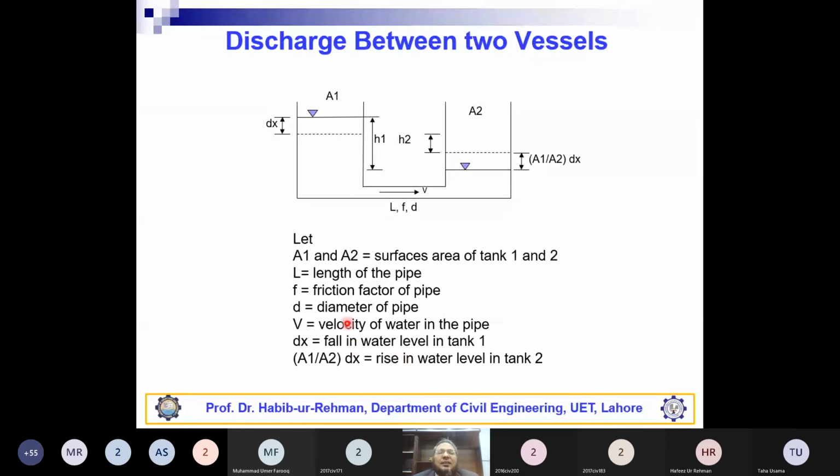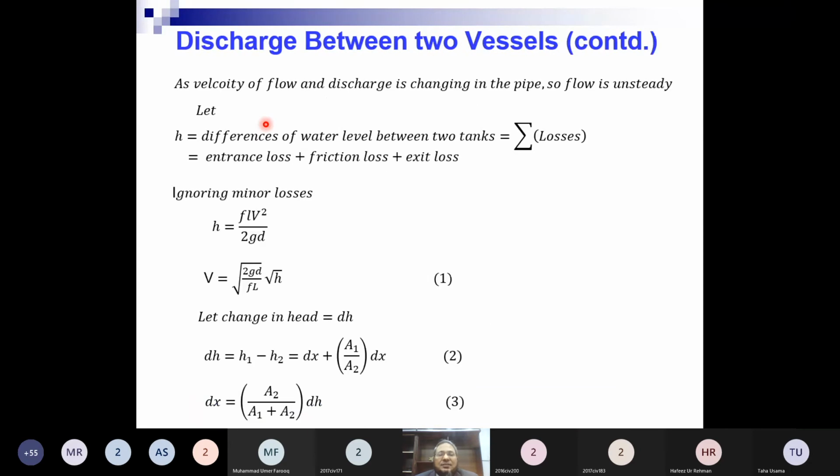Is it clear? भाई चेंज इन हेड क्या होगा, यहाँ इतना नीचे आया और इतना ऊपर चला गया है, यही चेंज इन हेड हुआ है ना. The water level in tank 1 has gone down whereas it has gone up in tank 2. तो ये dx है और ये area 1 over area 2 dx है, तो दोनों को जमा कर लें, which is what we did here. Now is it clear?